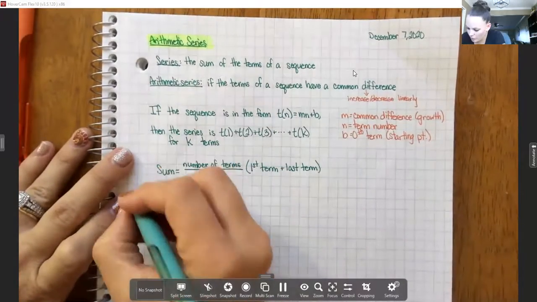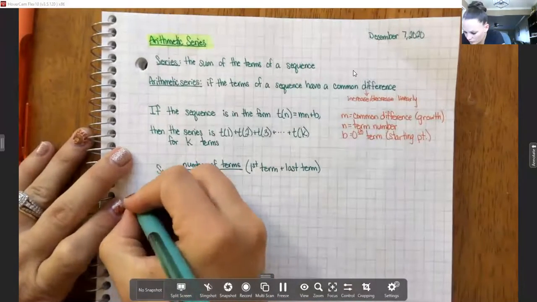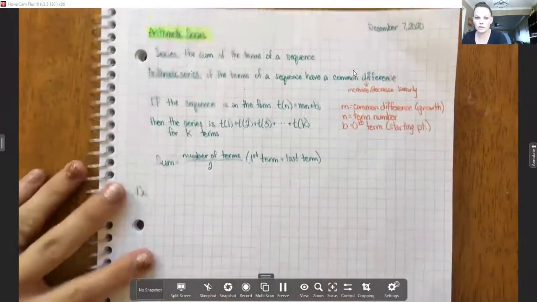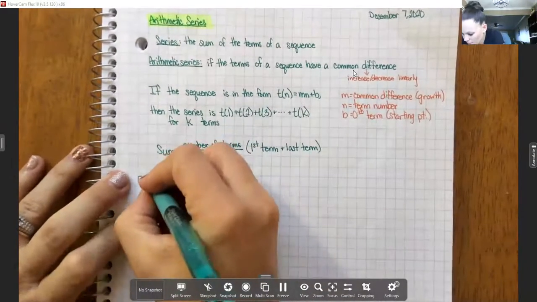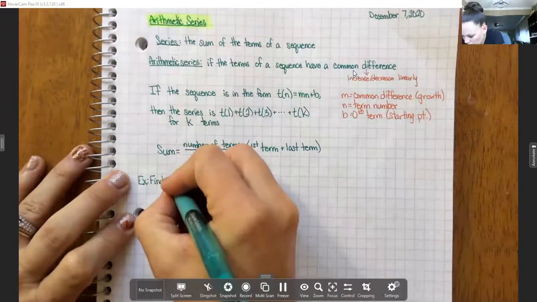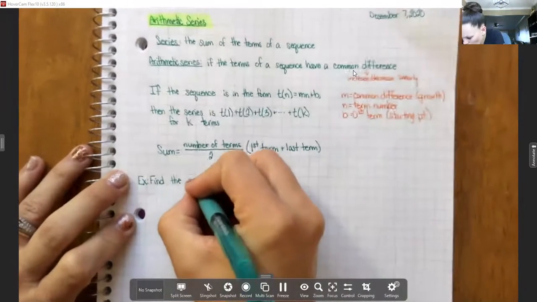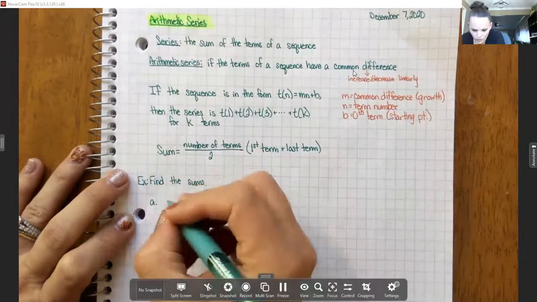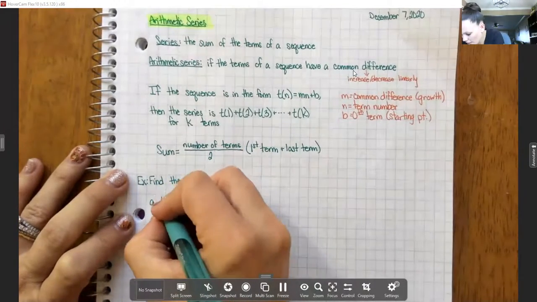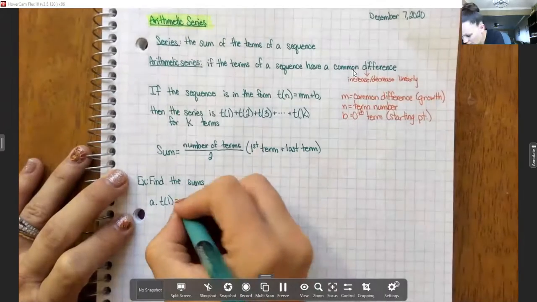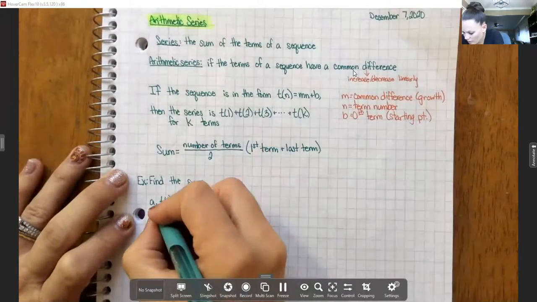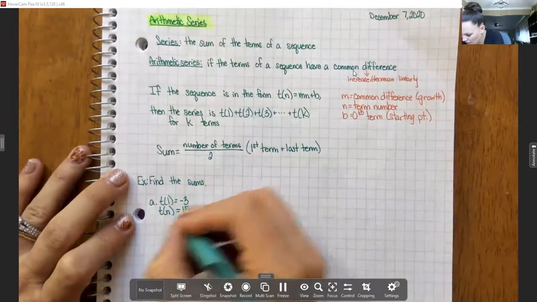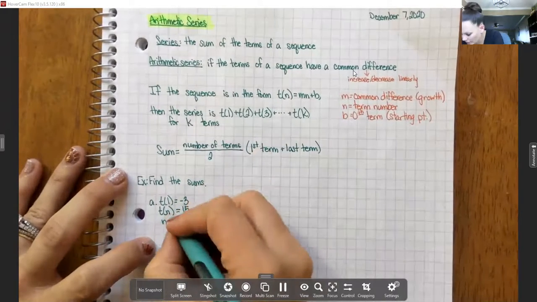So we'll do some examples. Find the sums. So A, I'm going to tell you T of 1 equals -3, T of n equals 15, and n equals 10.